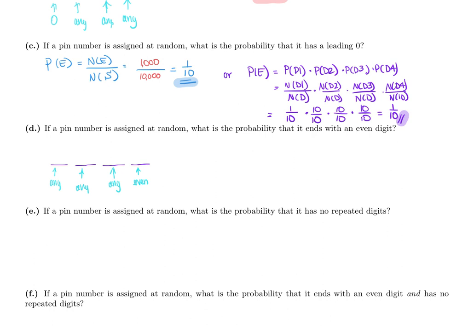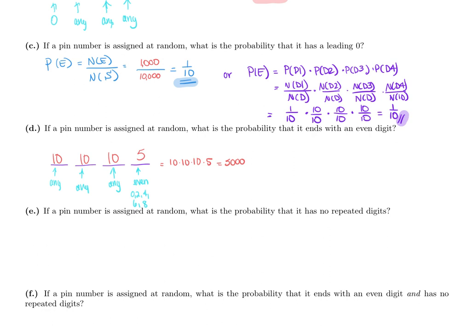So we have to remember that even is 0, 2, 4, 6, or 8. So we only have 5 ways to choose that last digit, but we still have 10 ways to choose all of our other digits. So we end up here with 10 times 10 times 10 times 5, which is 5,000 ways to choose this PIN.